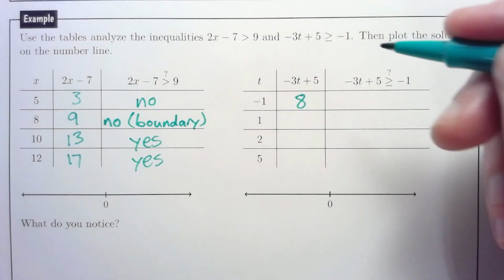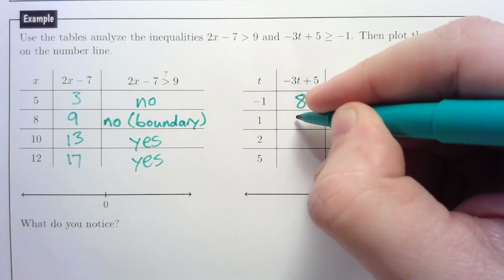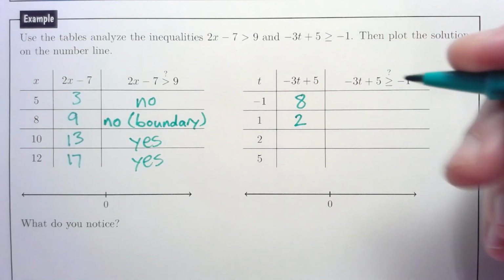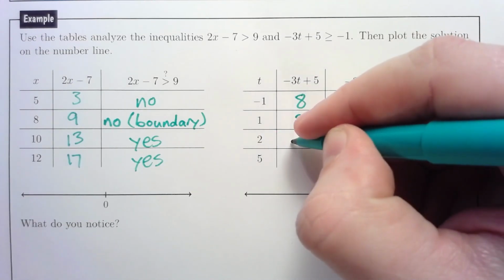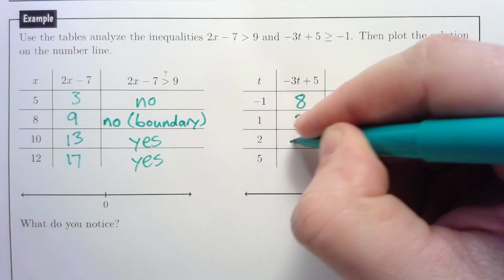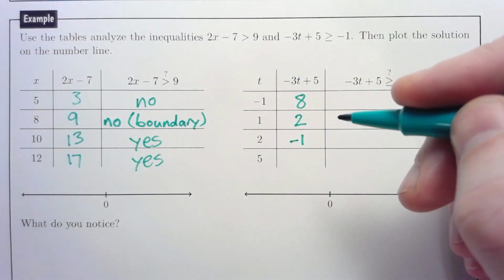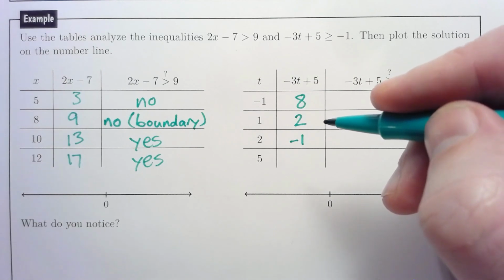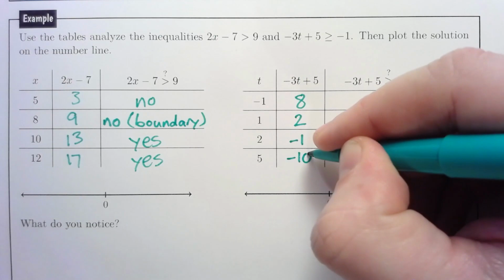Negative 3 times 1 is negative 3, plus 5 is 2. This will be negative 3 times 2 is negative 6, plus 5 is negative 1. And negative 3 times 5 is negative 15, plus 5 is negative 10.